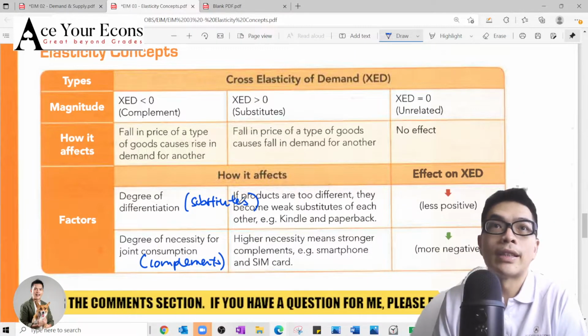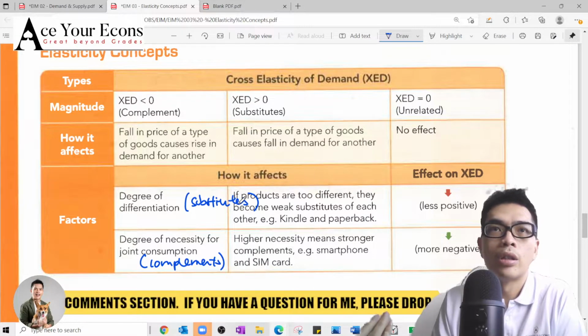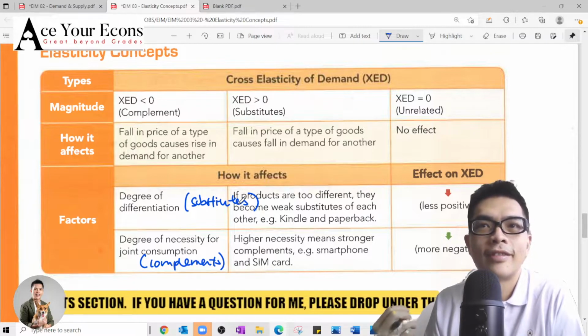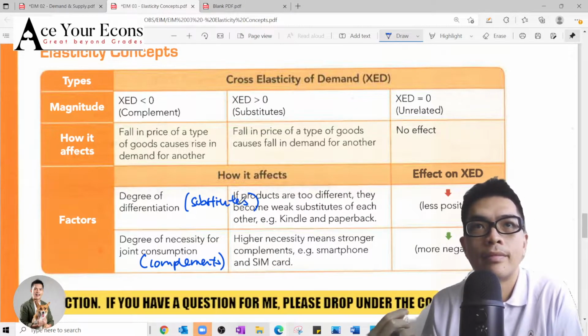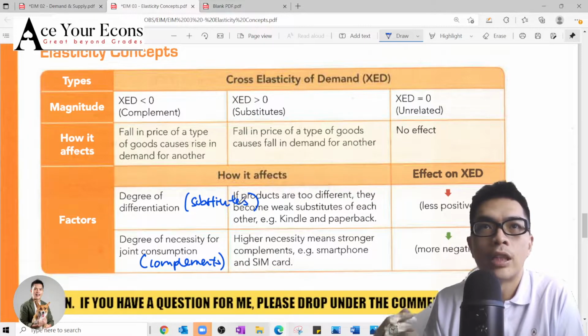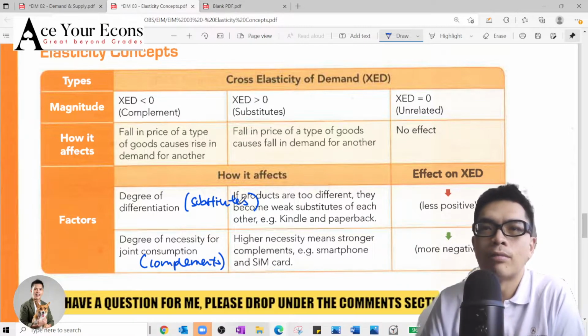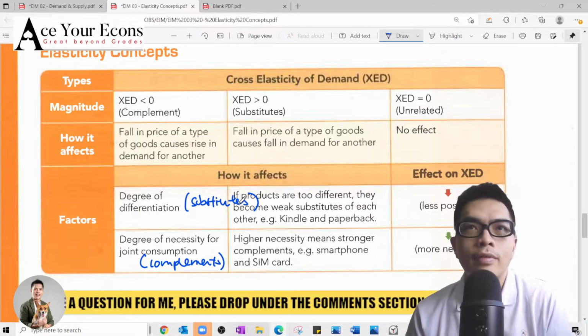Likewise for substitutes, you can use the same approach. Name me a pair of weak substitutes. If we deem Coke and Pepsi as strong substitutes, what are weak substitutes to you?